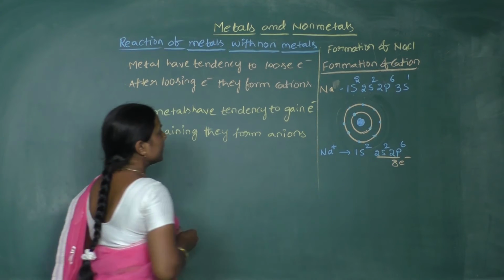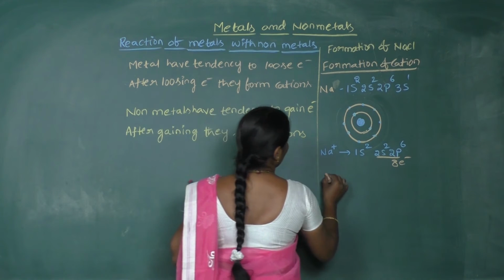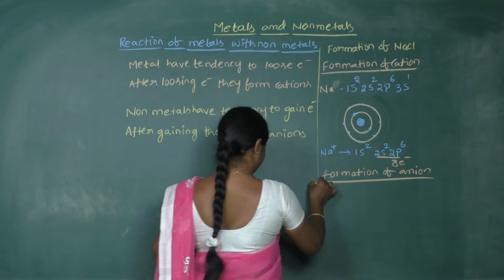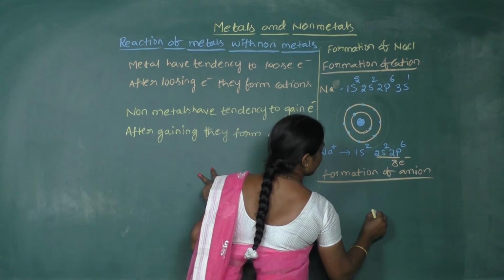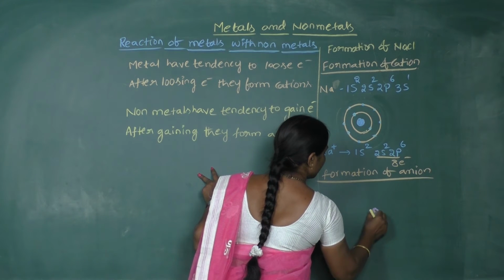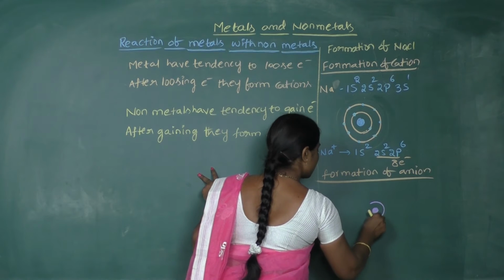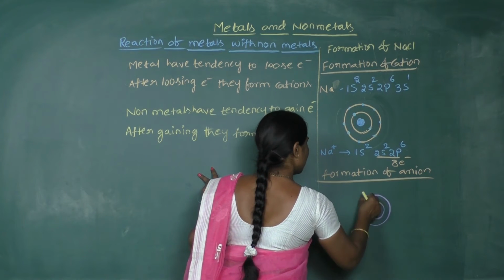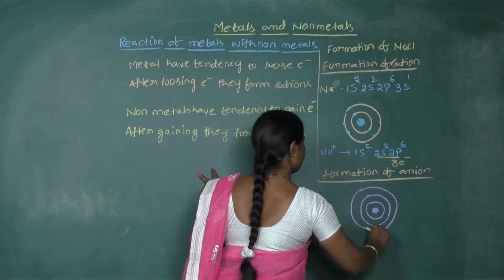Let's see how an anion will be formed. For the formation of an anion, first we will take the nucleus, and around the nucleus let us take this as the first shell, then the second shell, and then the third shell.